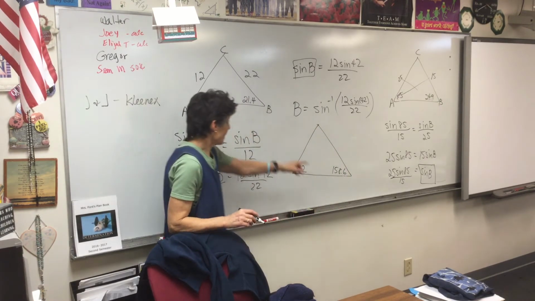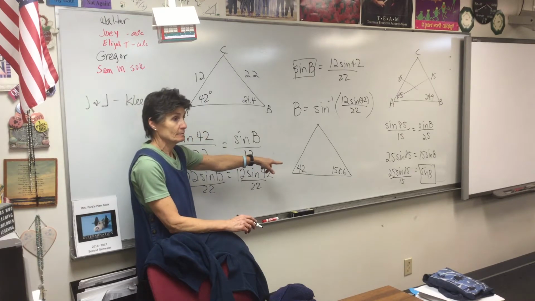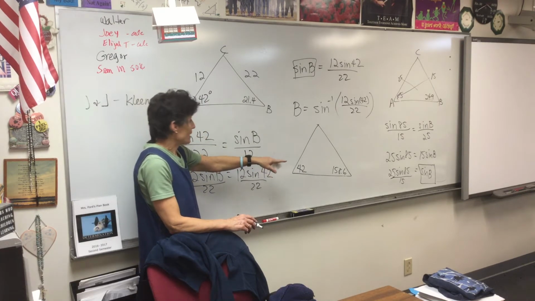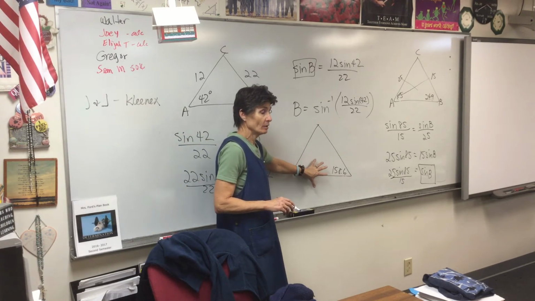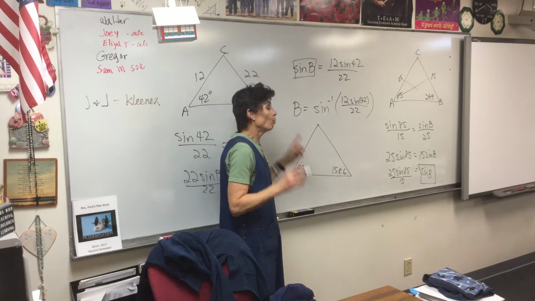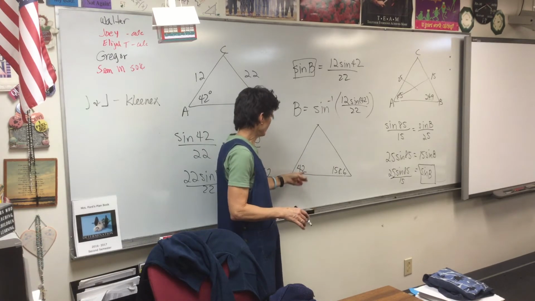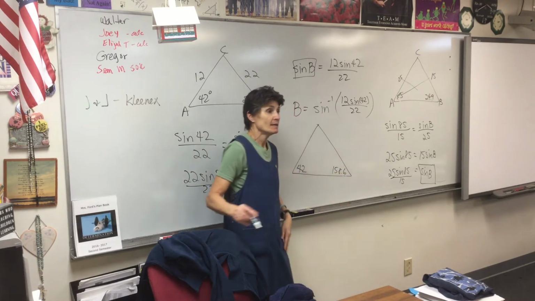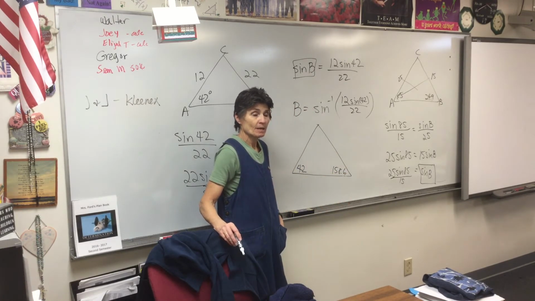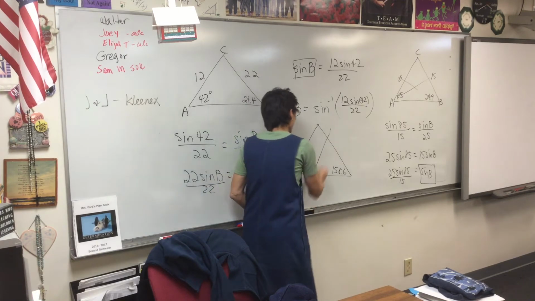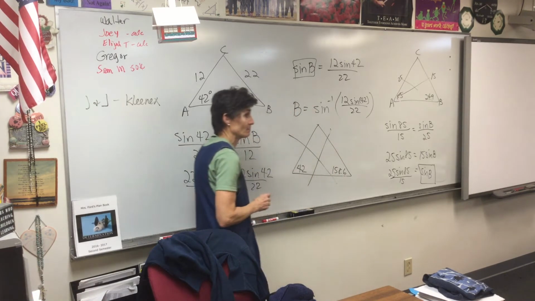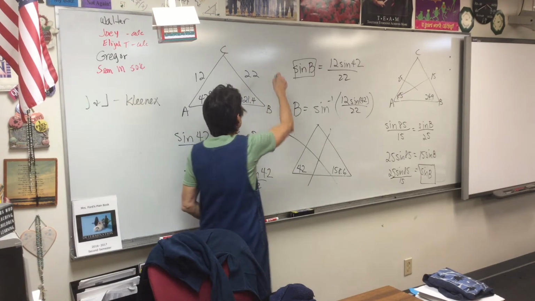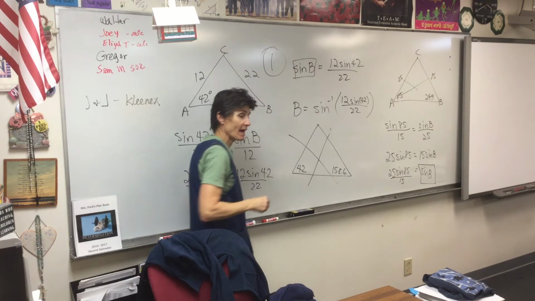So that would have to be 158. Then you look at this triangle and say, okay, would it be possible to have a 42 and a 158 in the same picture? No. So that one isn't possible, and there's only one answer to that problem.